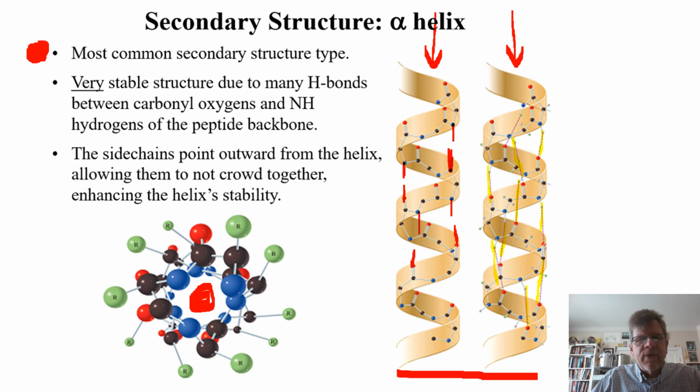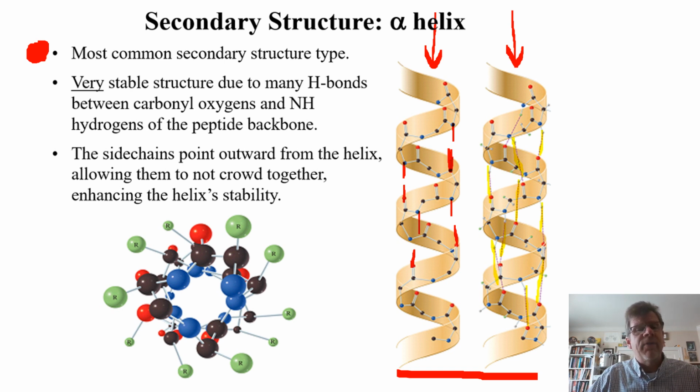The reason I show it this way is that since we're looking down through the helix, a rendition of the side chains has been shown as well. We're showing these side chains kicking outward from the alpha helix, sort of like spokes on the wheel of a bicycle.